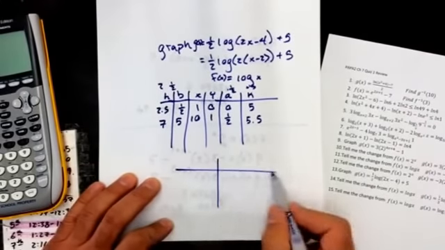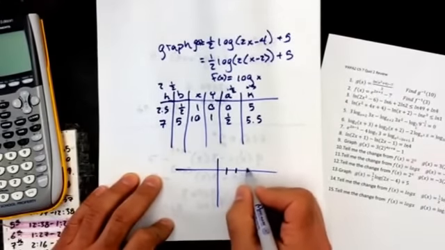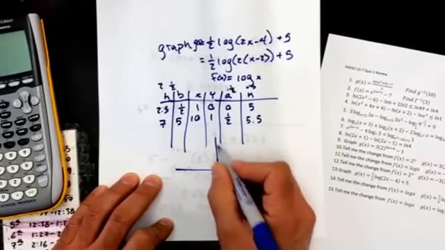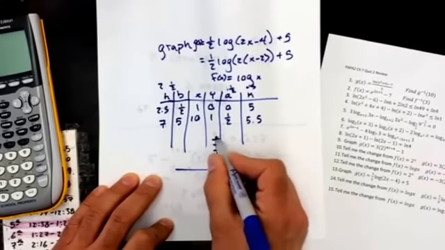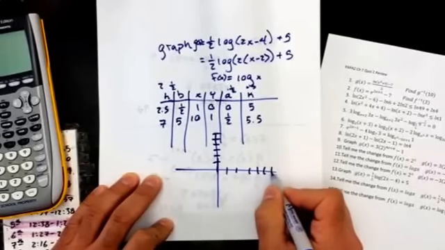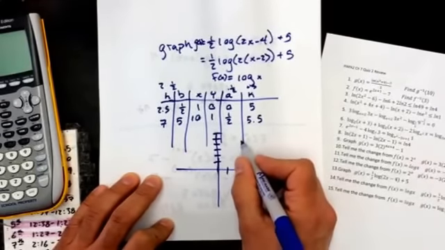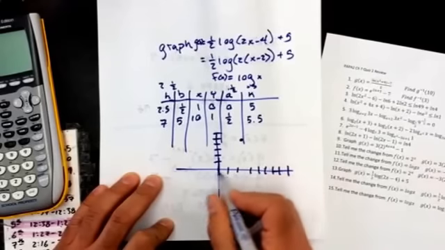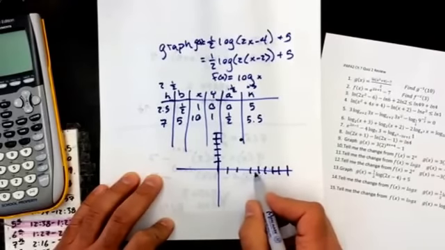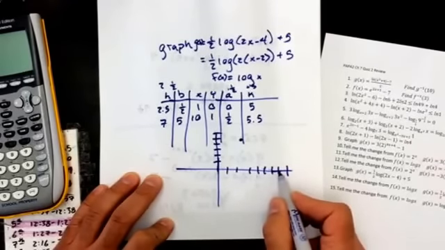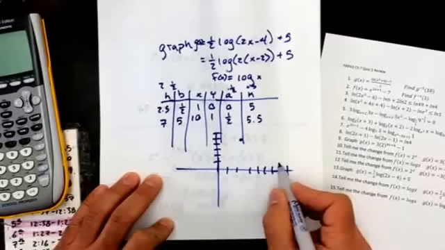So my new values are 2.5 and 5, and then 7 and 5.5.